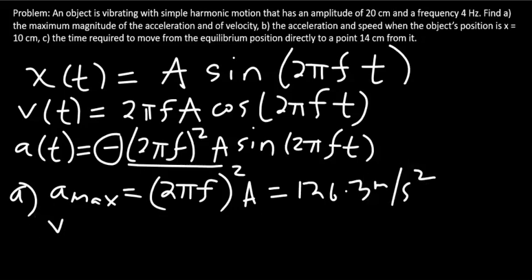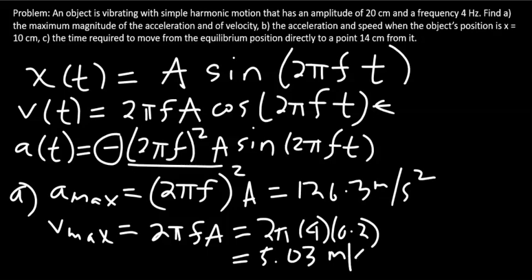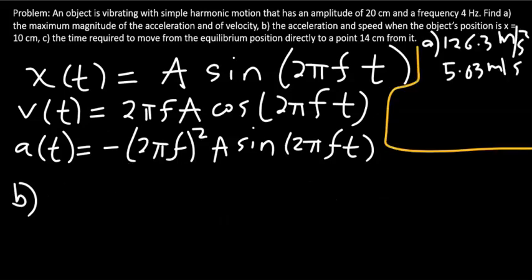Now the maximum magnitude of velocity, from this equation, is given by 2 pi f times the amplitude. So 2 pi, f is 4 Hertz, amplitude is 0.2 meter, and that's going to give you 5.03 meter per second. We have recorded the answers to part A there.